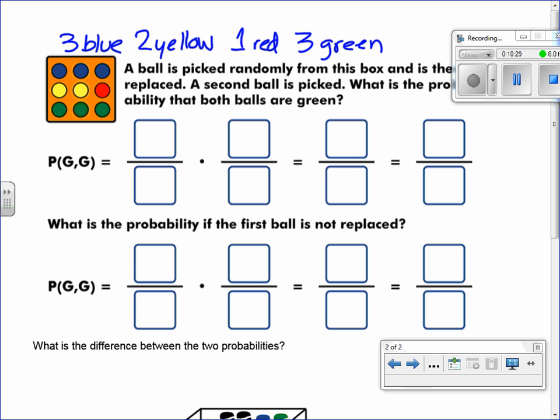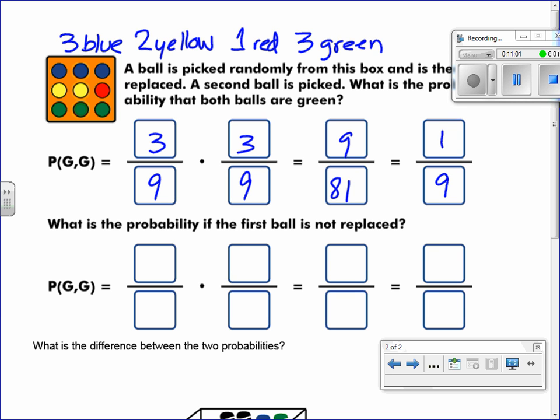Okay. What is the probability if it is replaced? So we know that we have a total of 9. It says, what's the probability that both are green? All right, so we pick a ball. It's 3 out of 9. We pick another one. It's still going to be 3 over 9 because we're replacing that ball. Neither of our numbers go down. So then I end up with 9 over 81, which is 1/9.